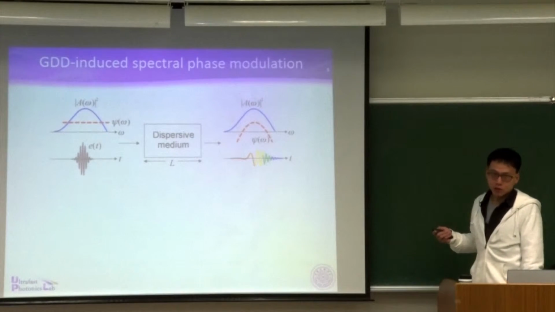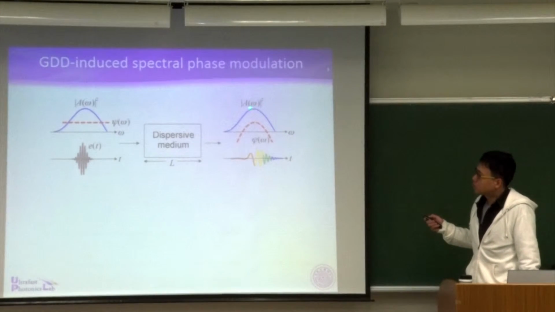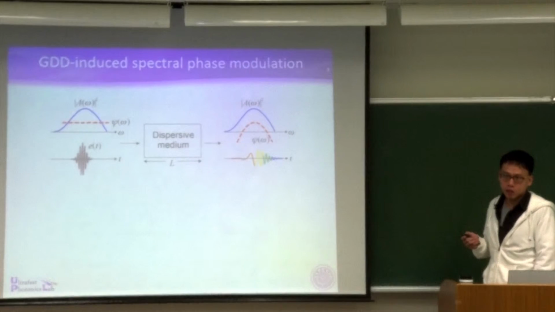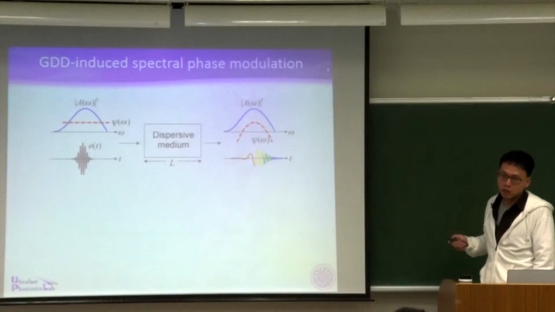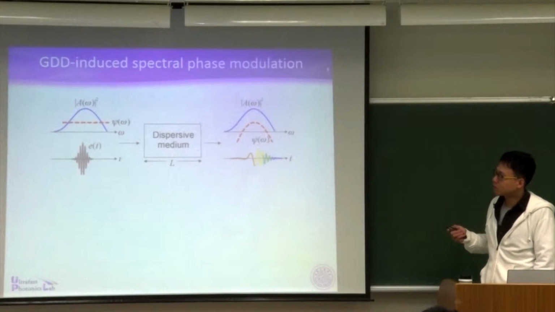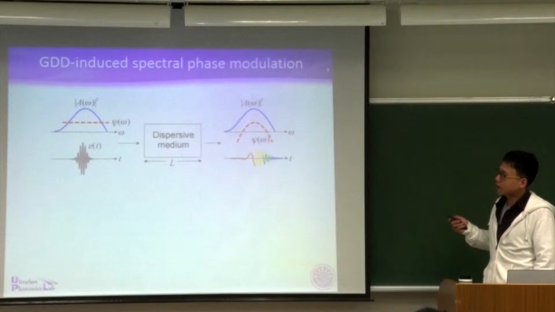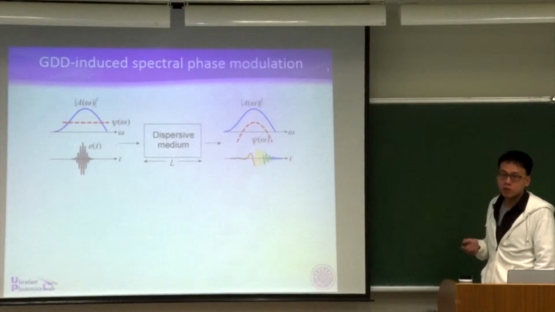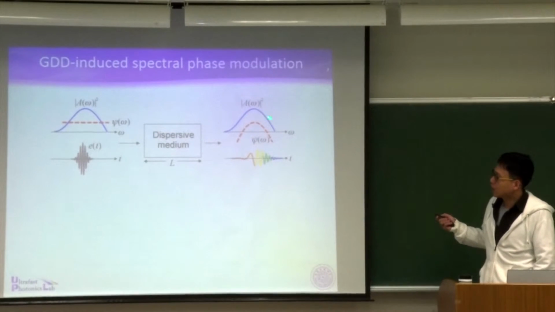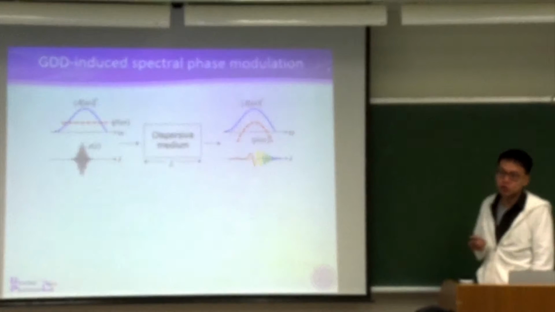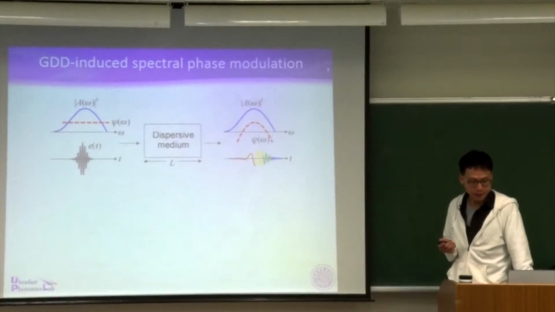How about the frequency domain? The blue curve does not change. The power spectrum is the same. But you will have maybe a parabolic function for your spectral phase, because different colors propagate at different speeds. So the accumulated phase will be different, frequency dependent. That's why you have a stretched and chirped pulse in the time domain.